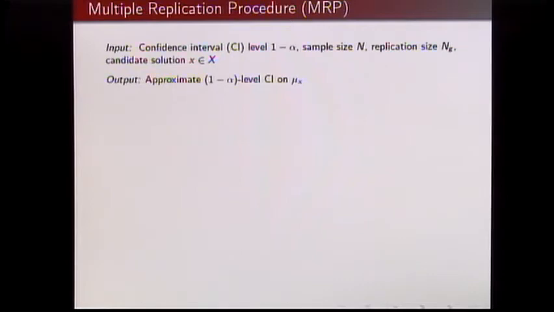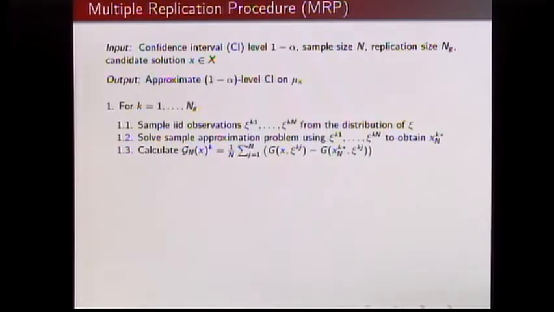And I want a point estimator on its optimality gap. And that's not enough, typically. I want a confidence interval at, say, 95% level, using sample size, say, n, and a replication size, ng. And I'm going to give you a point estimate and an approximate confidence interval on the optimality gap. Okay?